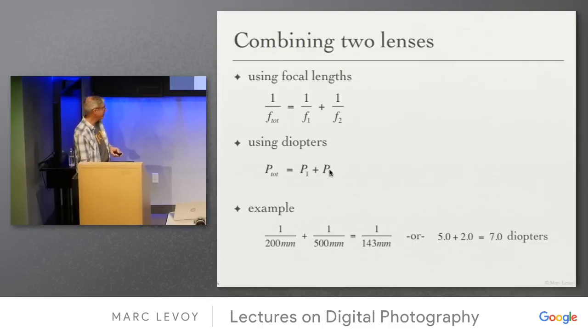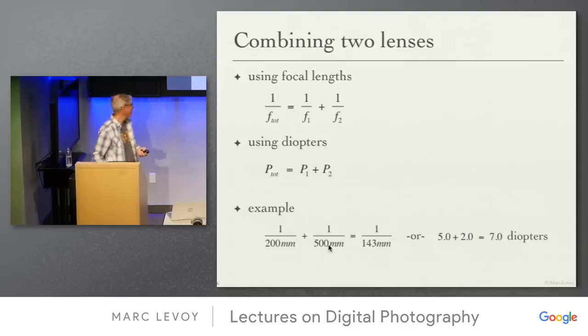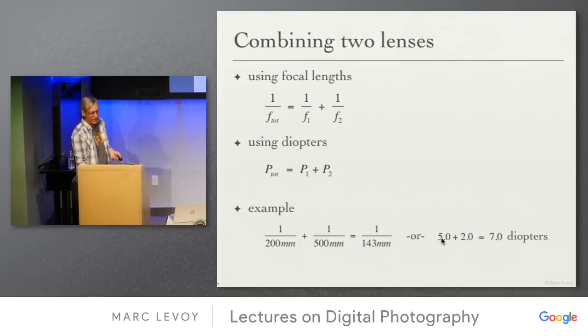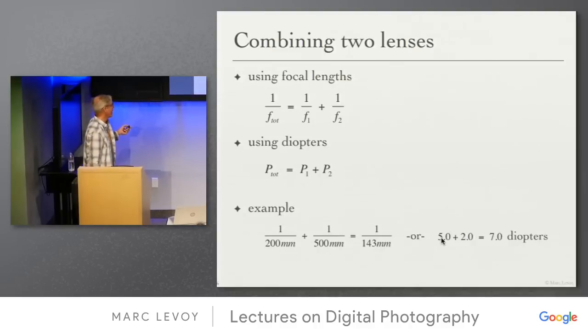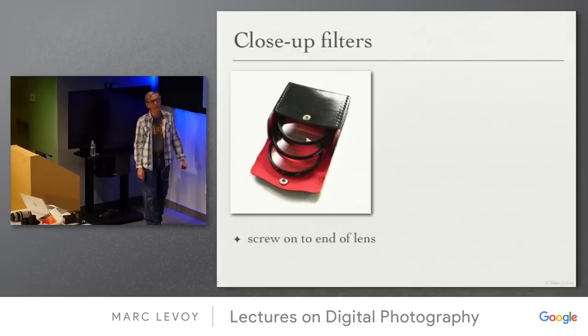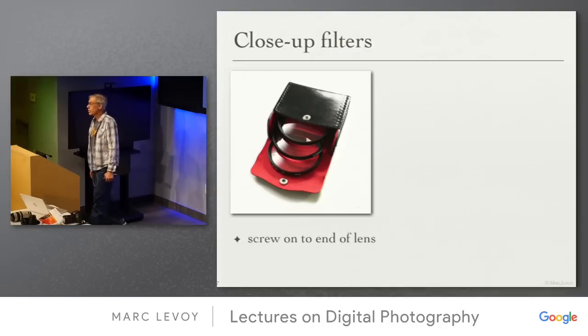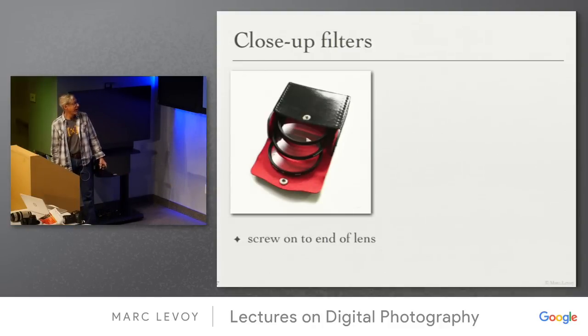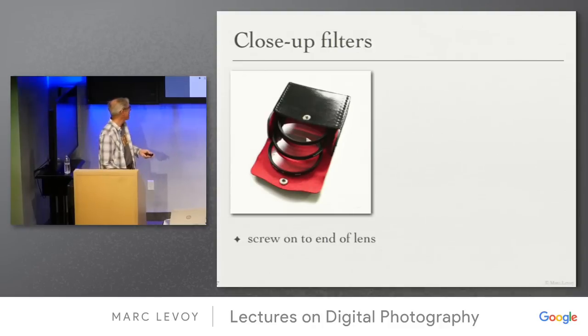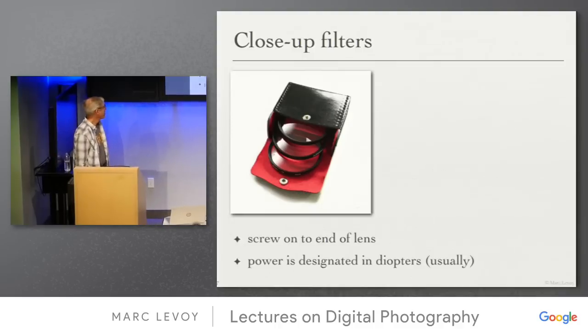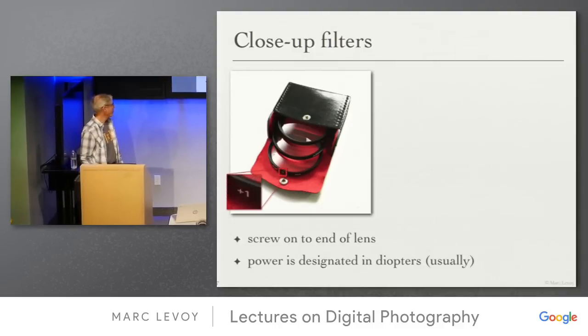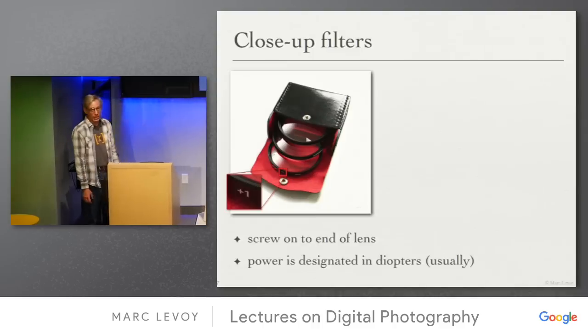And so an example would be if you were to put a 200 millimeter lens in series with a 500 millimeter lens, you'd actually make this focal length, but it might be easier to just add the diopters. And so this notion of adding diopters is what leads to close-up filters, which you can buy for your camera. And so you screw it onto the end of the lens, and they are power designated in diopters. So there's a close-up filter that says +1 on it.